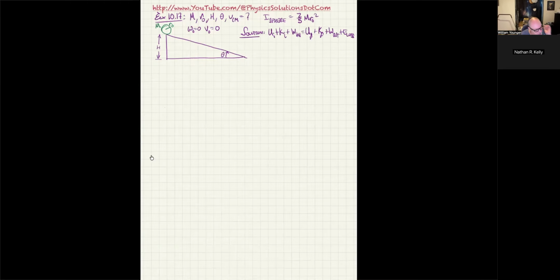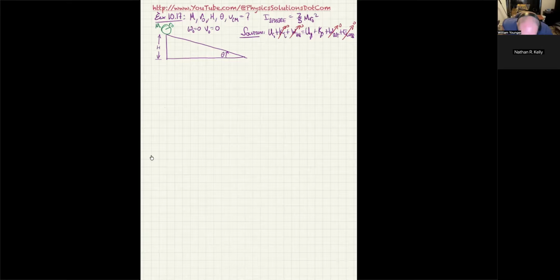Now, in this case, it's kind of odd, but we have to have significant friction for it to roll without slipping, but at the same time, we're ignoring friction. So in reality, friction will affect it, but we're going to assume the energy loss is zero. So I'm going to say E loss is zero. I'm going to say the work out is zero. I'm going to say the work in is zero for the same obvious reasons that we normally argue it. We also know that it's starting from rest, so K initial is zero.